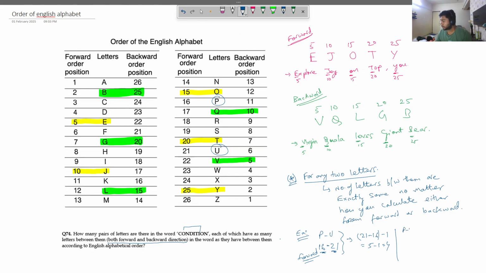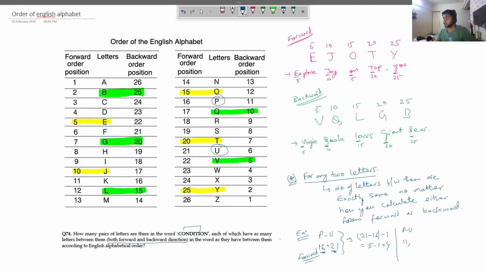From backward, we know that Q is in the 10th position and P comes just before Q. If Q's place value is 10, that means P's place value would be 11.